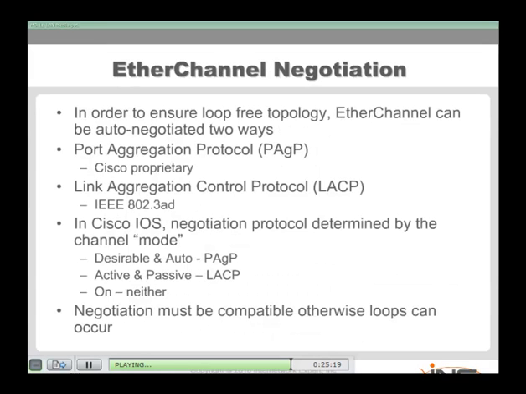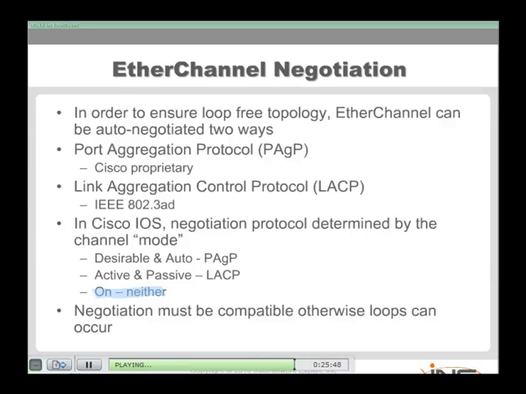Now, we have two different overall options for creating the EtherChannel, a layer 2 bundle or a layer 3 bundle. And then there are 3 ways in which the EtherChannel can be negotiated. You can say, I don't want any help with the formation of my EtherChannel.